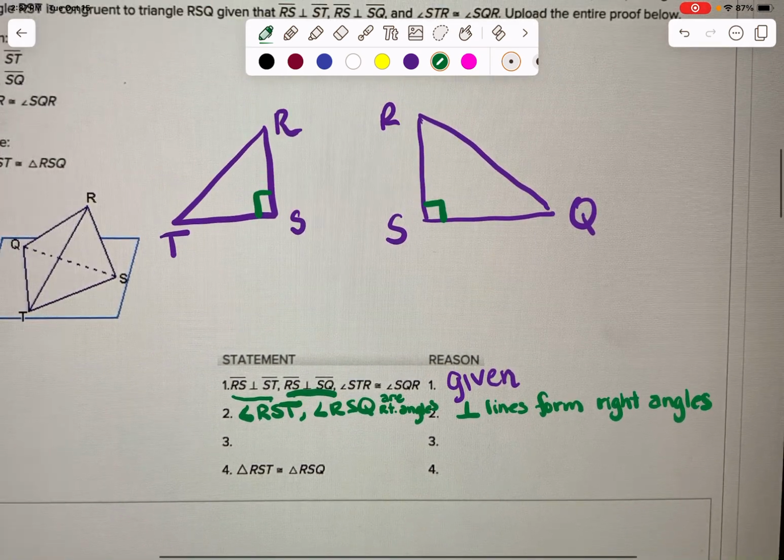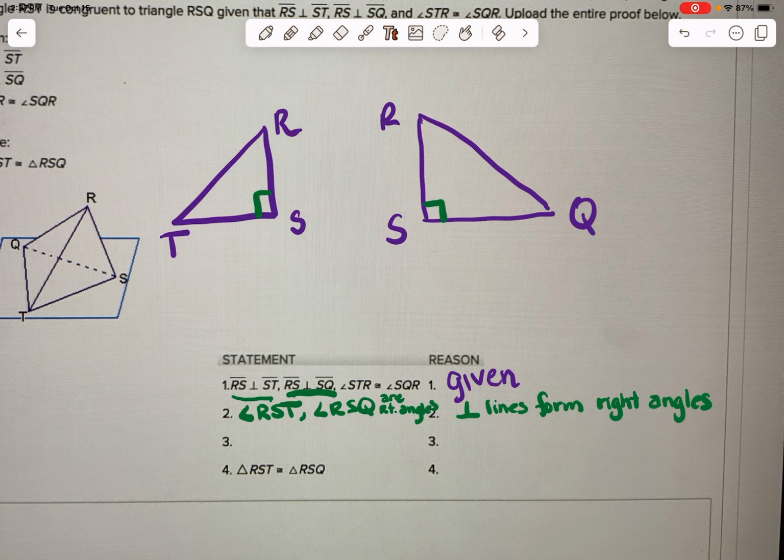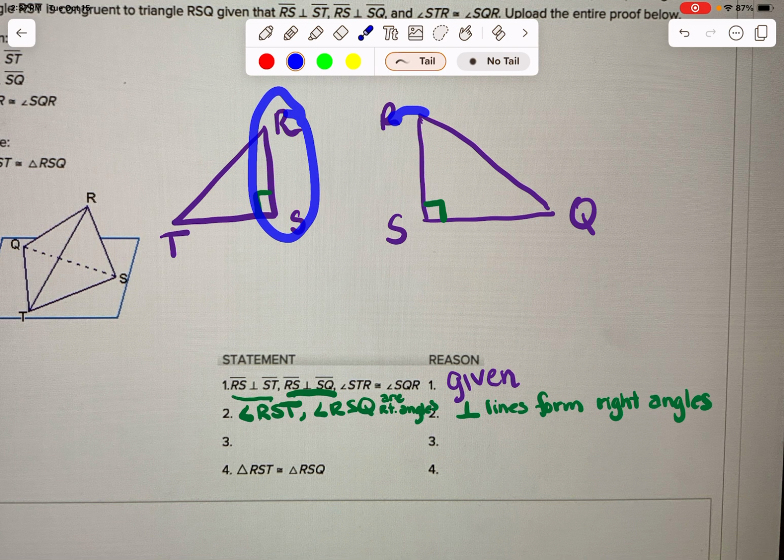Okay, so we know if they're both 90-degree angles, we know those two angles are equal. Okay, then we know that there is a side here, RS, and RS is shared.